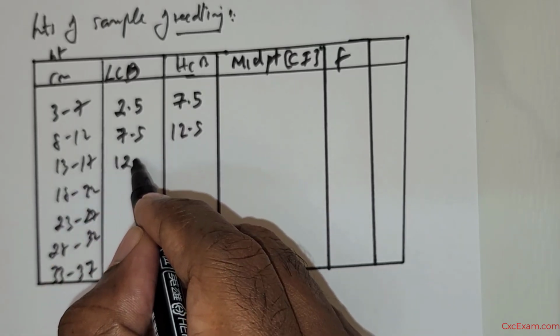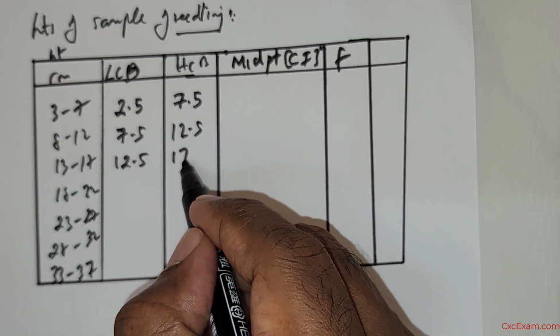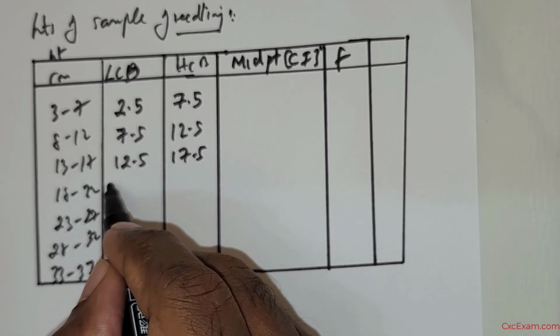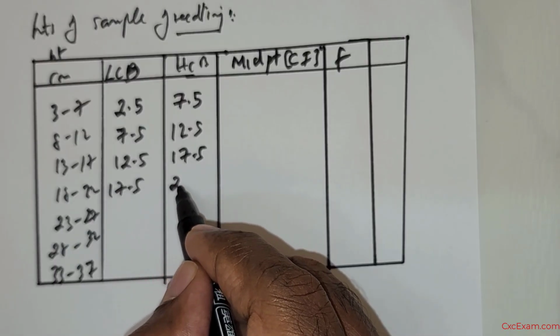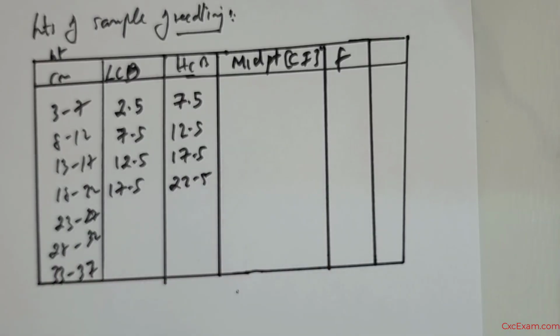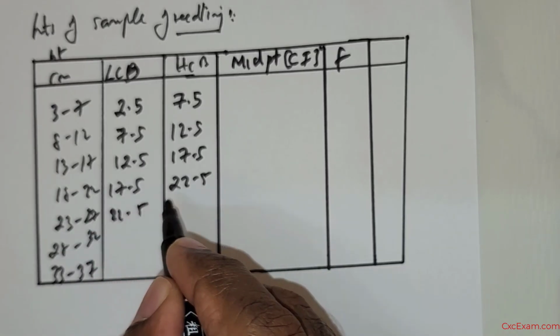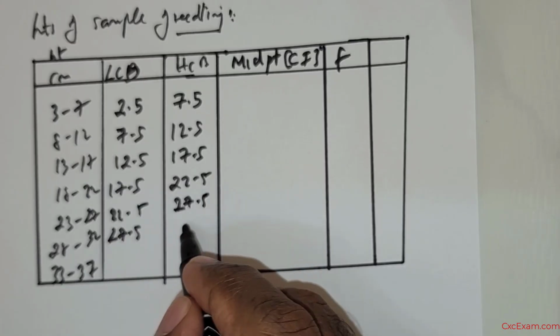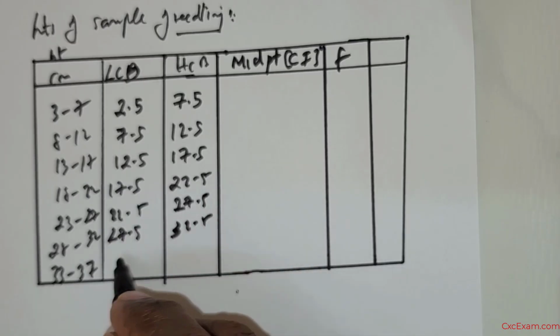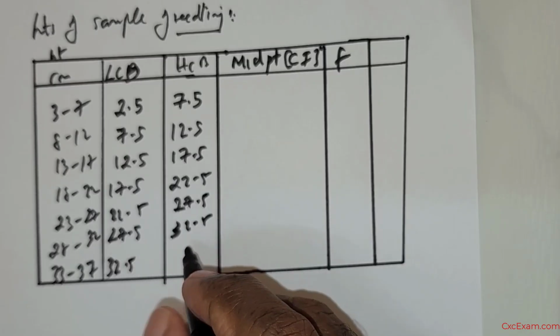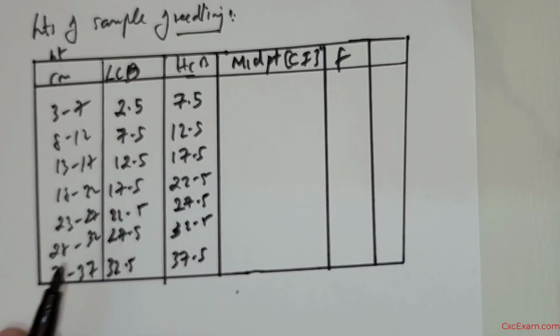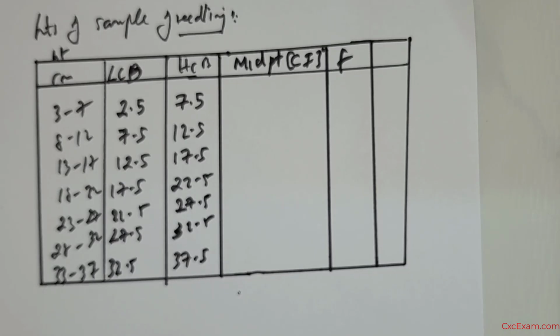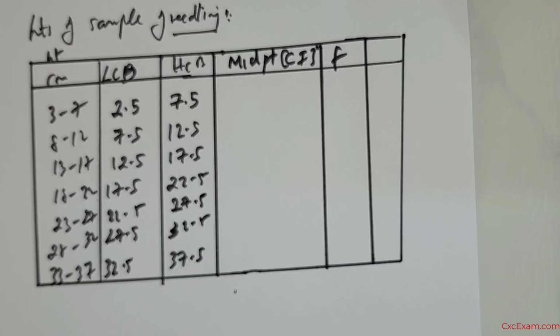And 0.5 less, so 12.5, 0.5 more, 17.5, and 17.5 and 22.5. Okay, and 22.5 to 27.5, 27.5 to 32.5, and 32.5 to 37.5. So this is how you set up the table with the lower class boundary and upper class boundary.